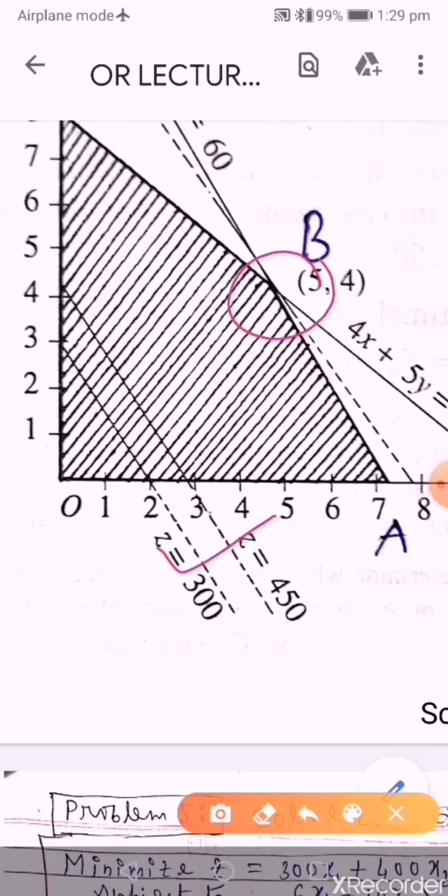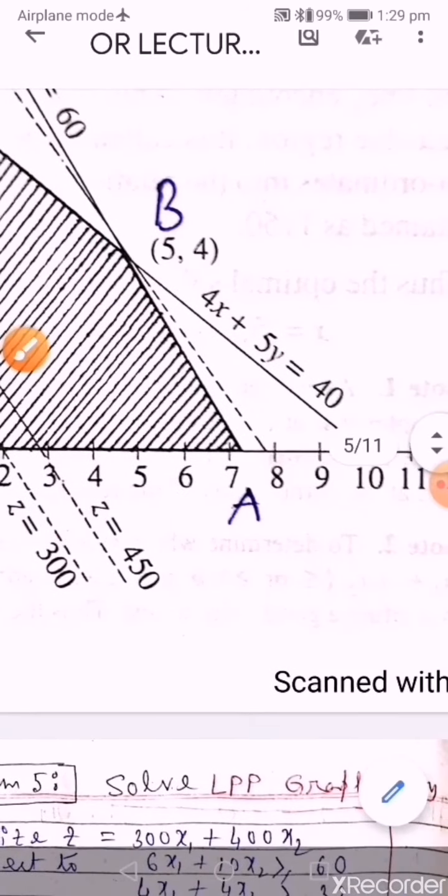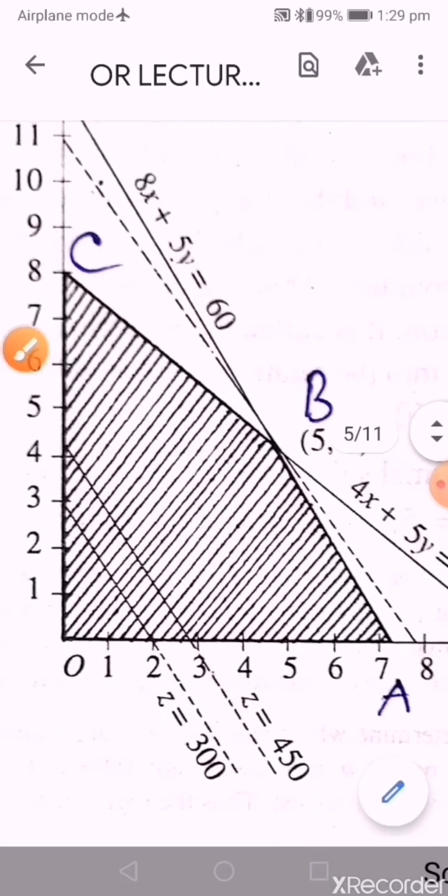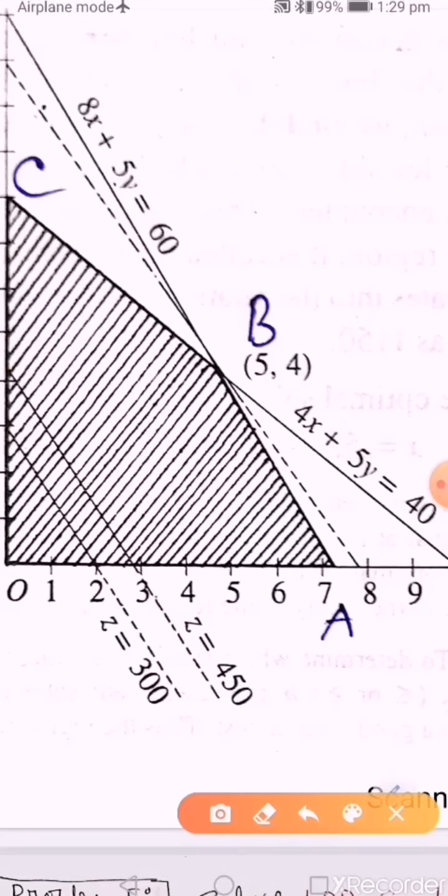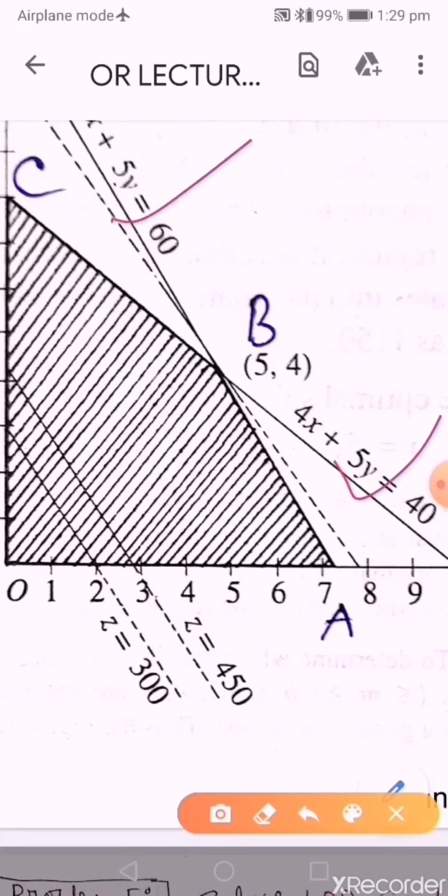The point 5, 4 is obtained by solving these two equations, 4x plus 5y is equal to 40 and 8x plus 5y is equal to 60. After solving these two equations, we obtain the point 5, 4.